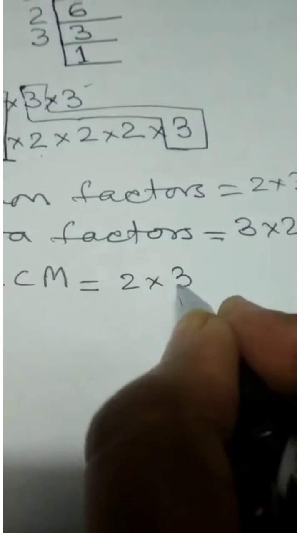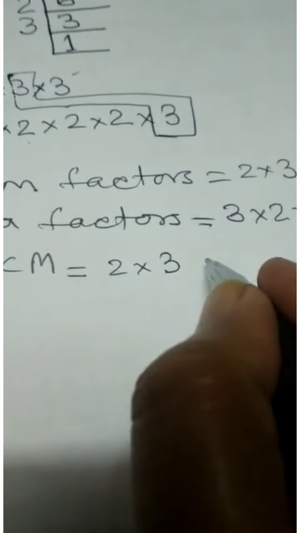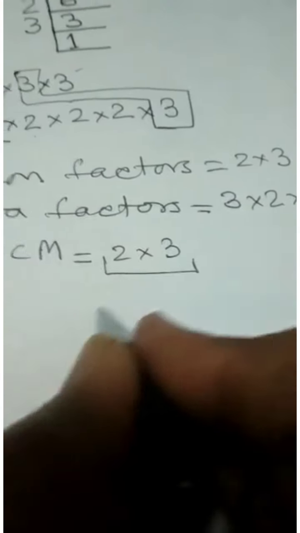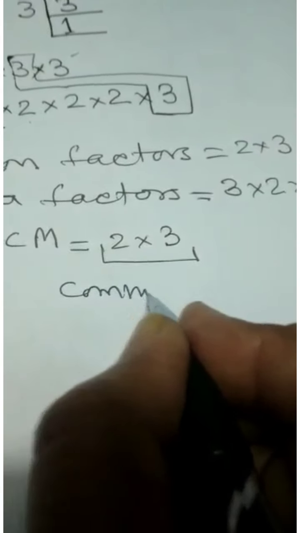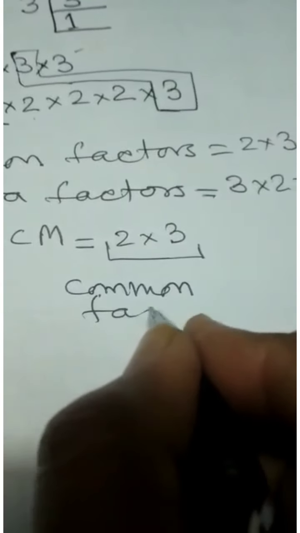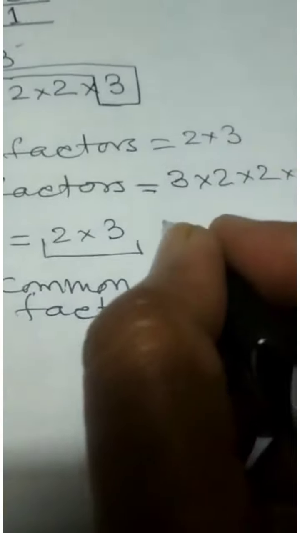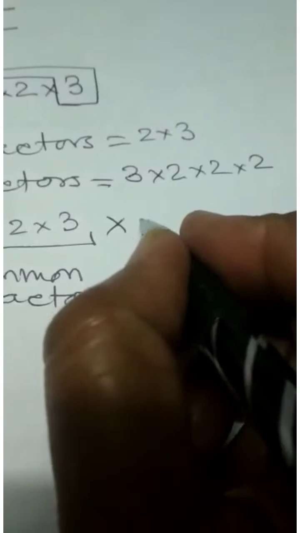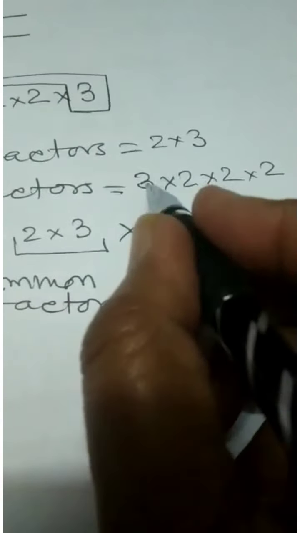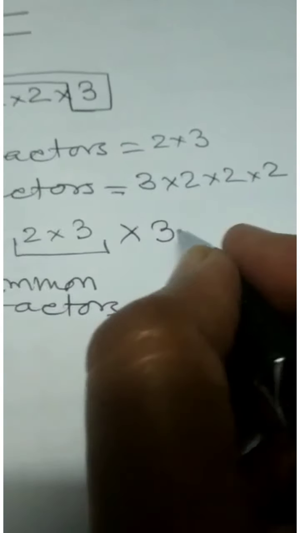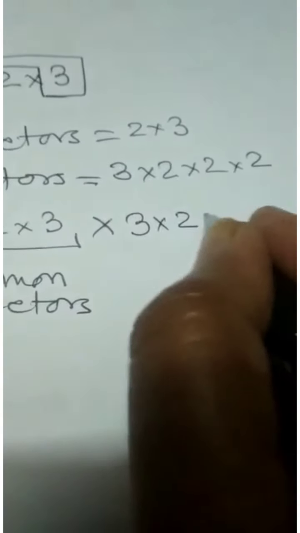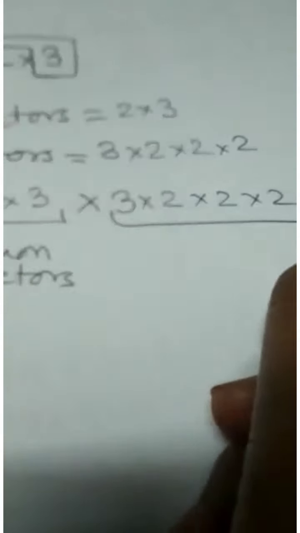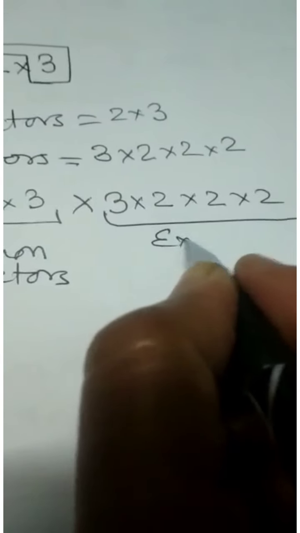These are common factors. Multiply extra factors 2 into 2 into 2. These are extra factors.